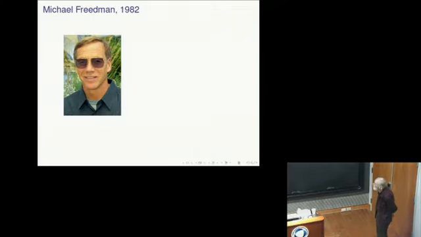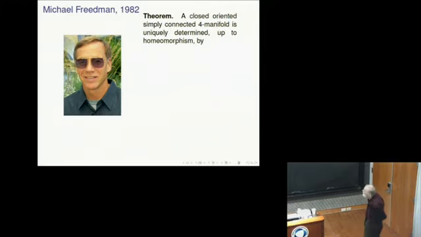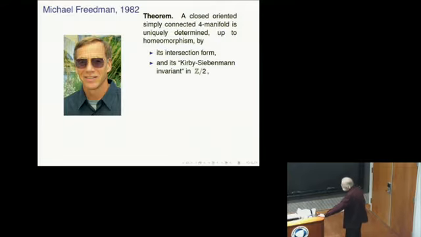Okay, next contribution, Michael Freedman in 1982. He proved that a closed, oriented, simply connected four-manifold is uniquely determined up to homeomorphism by its bilinear intersection form, the same one I've been looking at, together with one mod 2 invariant, which had been introduced by Rob Kirby and Larry Siebenmann.